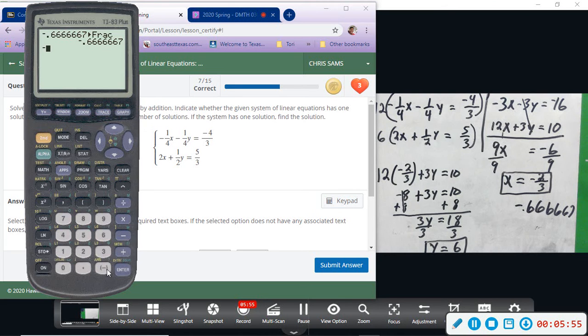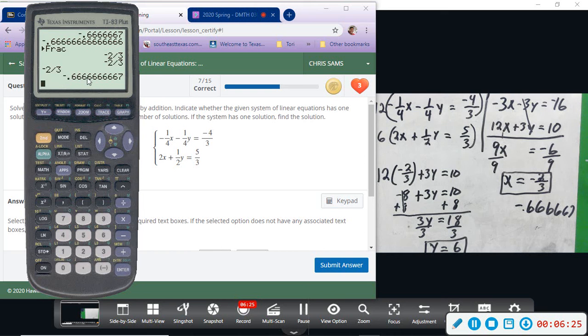So what you have to do is do negative point and then 6 all the way across the screen till it goes to the next row, because 2/3 is actually 6's repeating across the screen. Then it will do it. So now if I do math, enter, it shows me negative 2/3. So you can't just type in a few 6's. It just rounds the last one up.